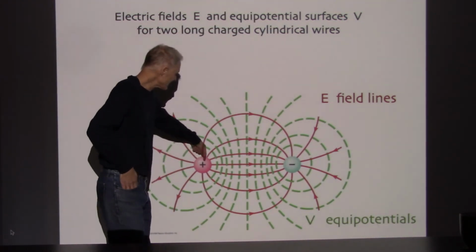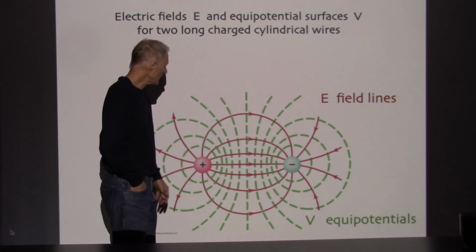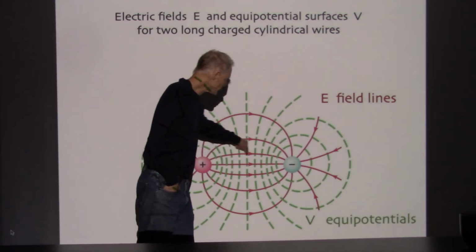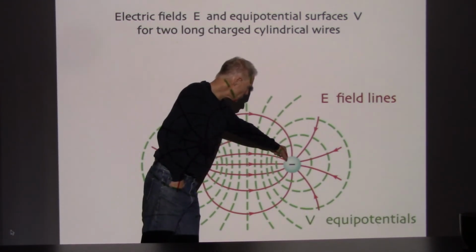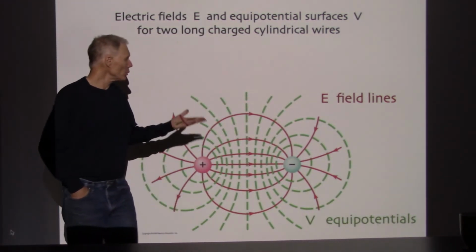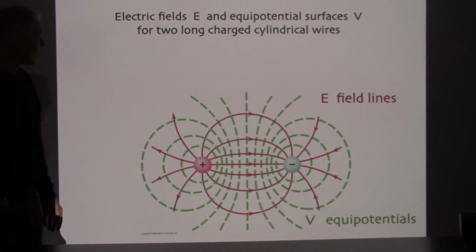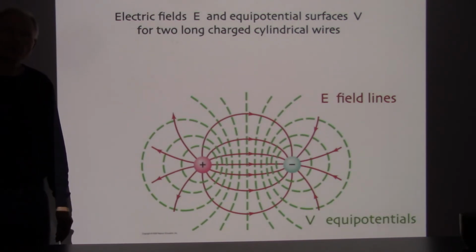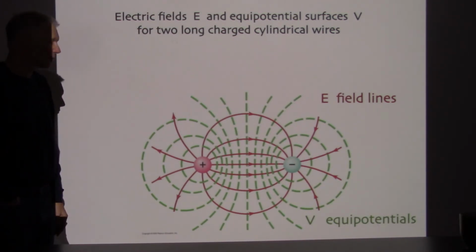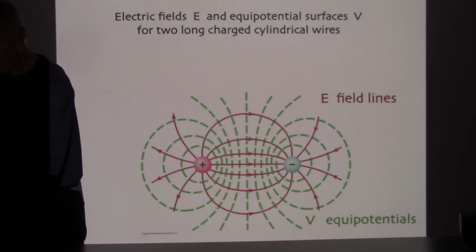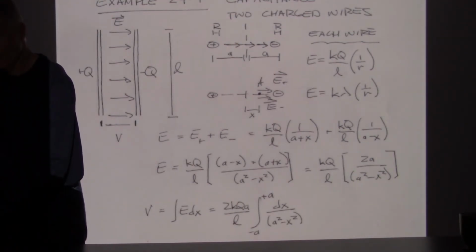So we would need some way to determine what is the electric field between those two wires, and then calculate using the voltage formulas how much electric potential difference there is from one side to the other.